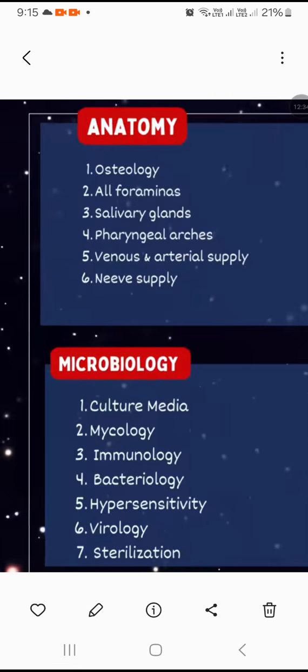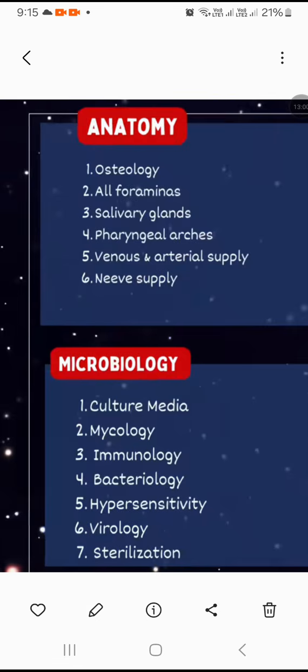The oral pathology lecture is given in the eDental Formula playlist. Just fast forward and see all the lectures; you will be able to easily recollect, as it is all pictorial. Or look into Shafer's textbook, that is enough. Pharyngeal arches, venous and arterial supply, nerve supply, all these are important in anatomy.